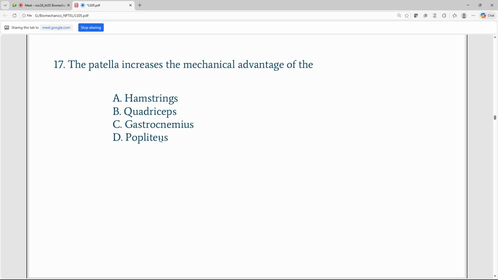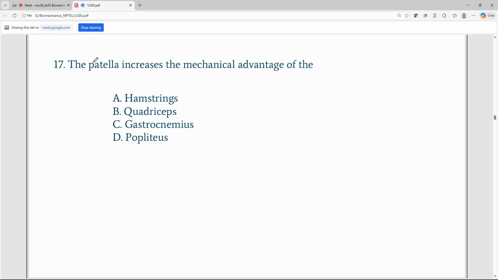The patella is the bone-like portion that is floating in the knee when you are touching the knee.